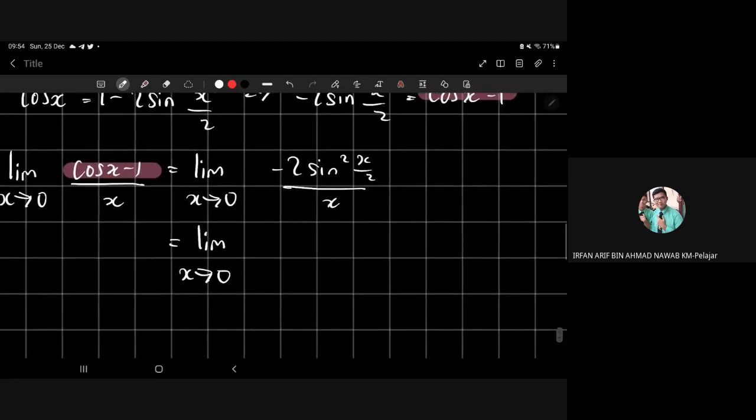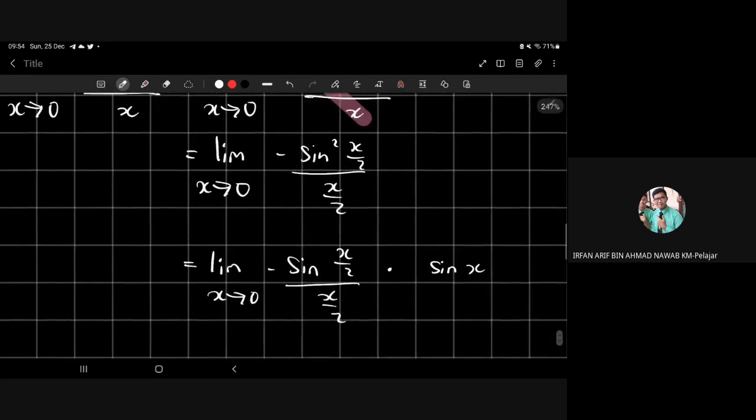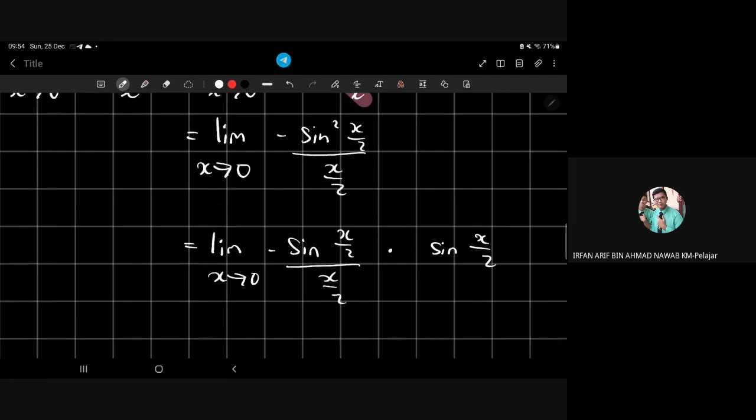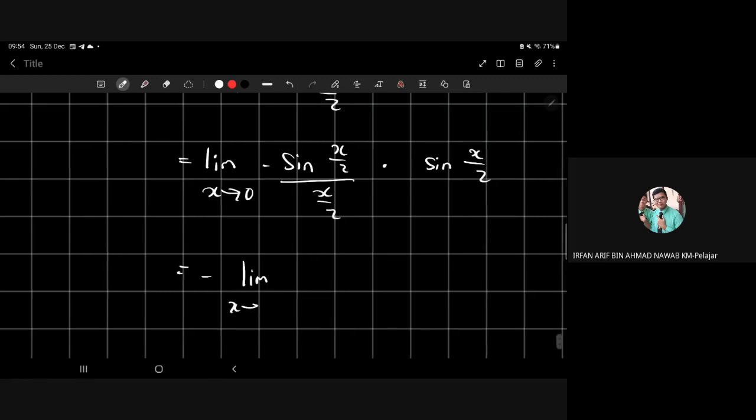We know that sine squared x means sine x times sine x, so we can express it as negative sine of x over 2 over x over 2, times sine of x over 2.